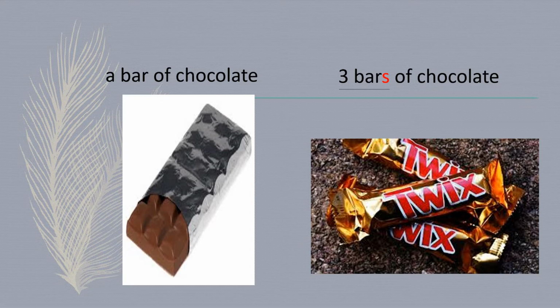So the word bar can be counted. I can say I want a bar of chocolate or 3 bars of chocolate. Notice here when we put the S, the plural S is added to the word bar, not chocolate.